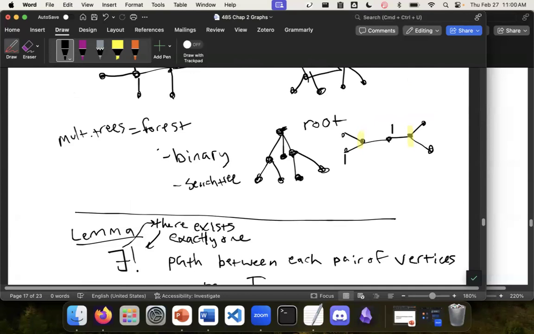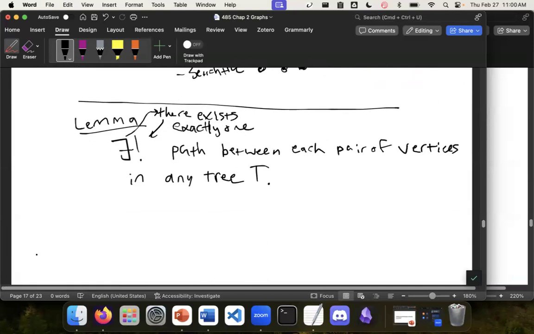And so the intuitive proof is that because there's no cycles, there's no way to get somewhere in 2 ways. Since there's no cycles, there's only 1 way to get there.